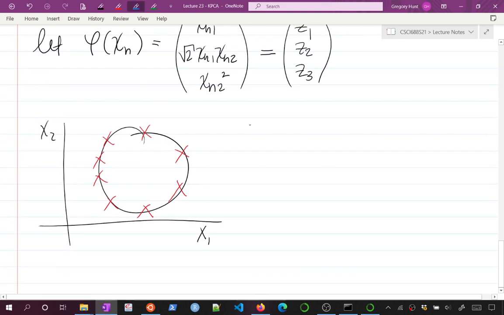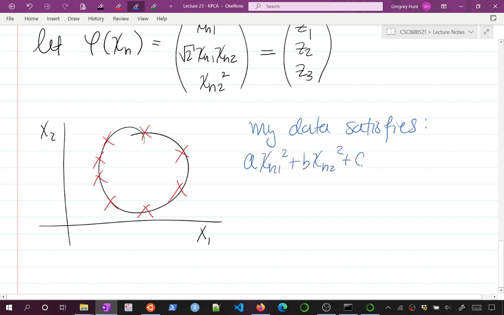So my data satisfies, exactly if they exactly lie in the circle, or approximately if they approximately lie in the circle, the following relationship: there's some a, b, c, and d, where a xn1 squared plus b xn2 squared plus c xn1 xn2 plus d is 0.